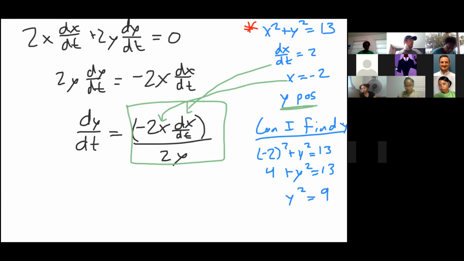Now to solve y squared is equal to 9, what do I do to both sides? Find the square root of both sides. And anytime I take the square root, I have to make sure I take both the positive and negative, right? So the two potential values for y could be either +3 or -3, but which one are we going to use?